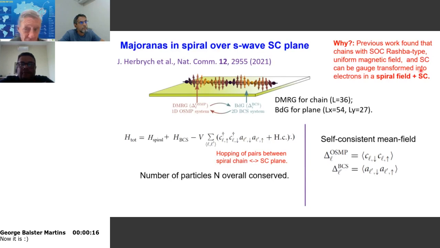It is transformed into the new fermions in a spiral arrangement as opposed to a ferro system, plus the superconductivity that is untouched. So I think these are just two ways to see the same effect. You can transform one into the other. So you can say that these spirals are actually Rashba physics hidden after a gauge transformation.